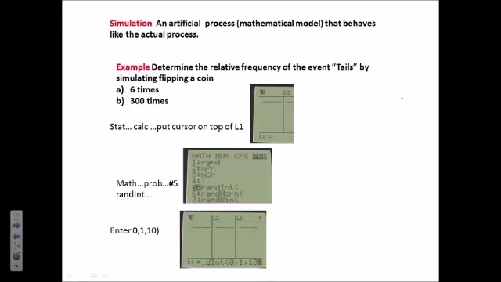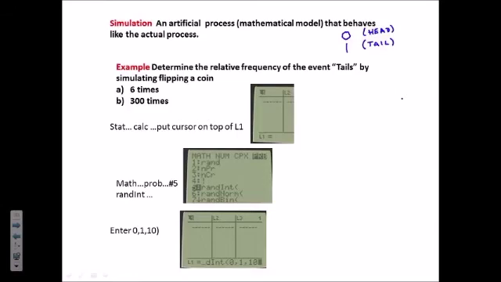What we're going to do is have the calculator generate random integers between 0 and 1. In other words, it's going to generate a series of ones and zeros randomly. For us, a 1 is going to represent tail, and a 0 represents head. So every time a random number comes up, that's going to signify a head or a tail on a flip.